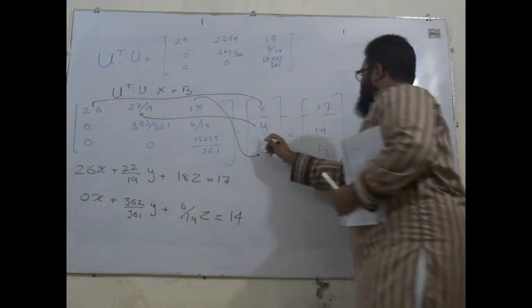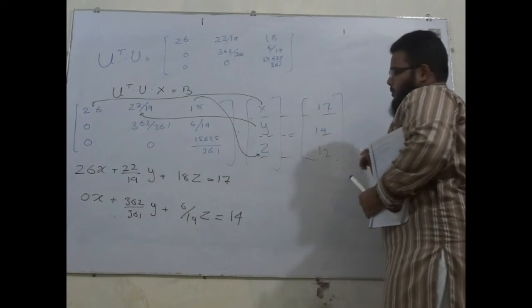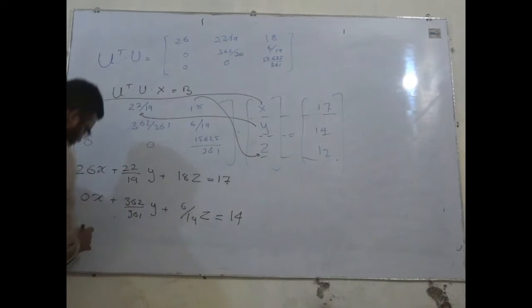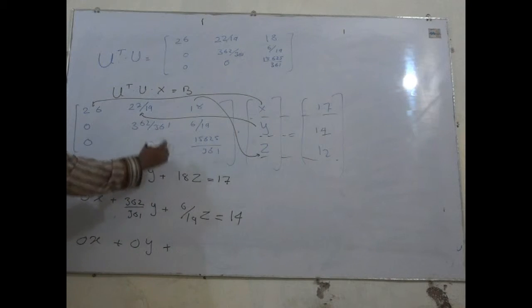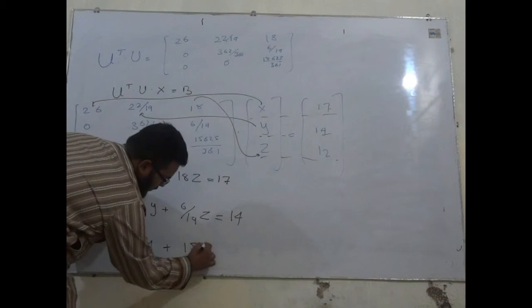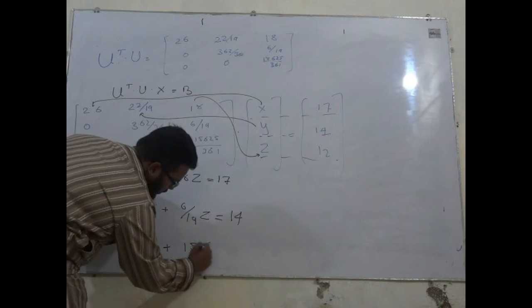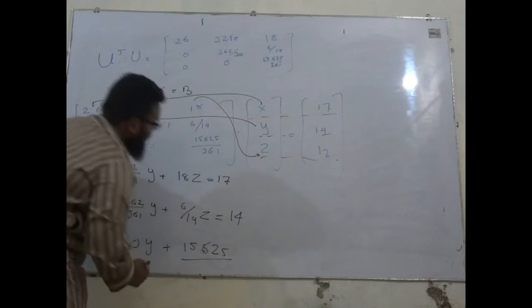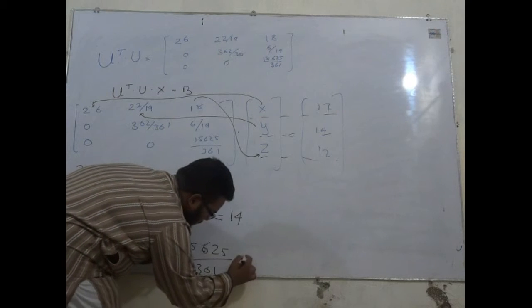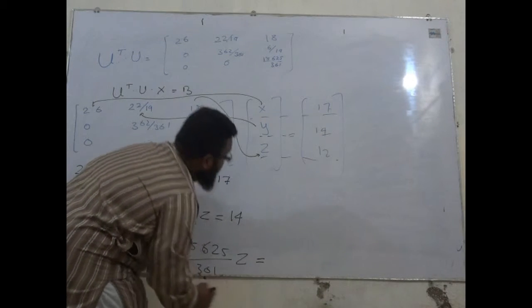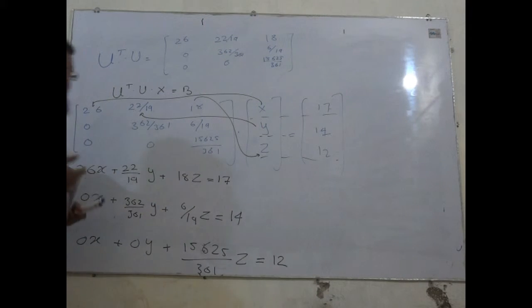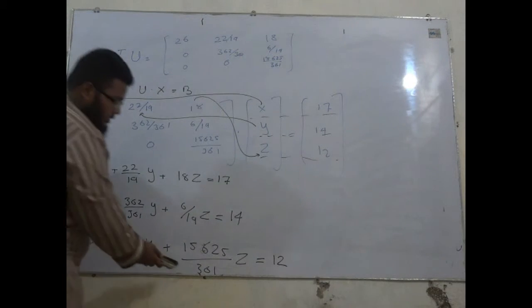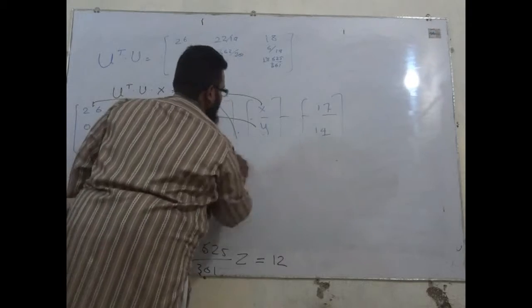And finally 0 of x plus 0 of y plus 15625 over 361 of z is equal to 12. Now here we get some values of z, y and x, which you can see here. Now we go next.